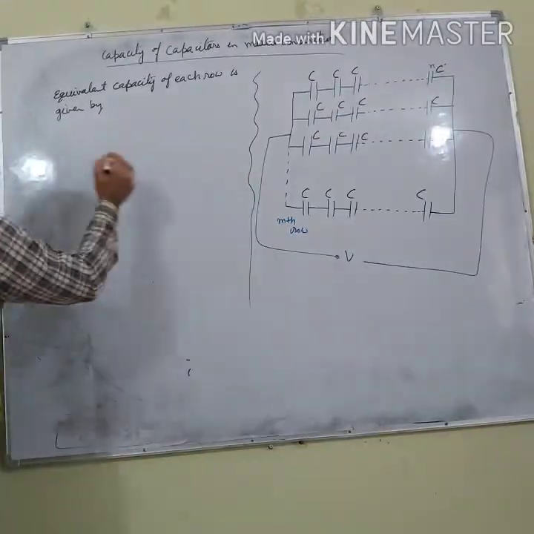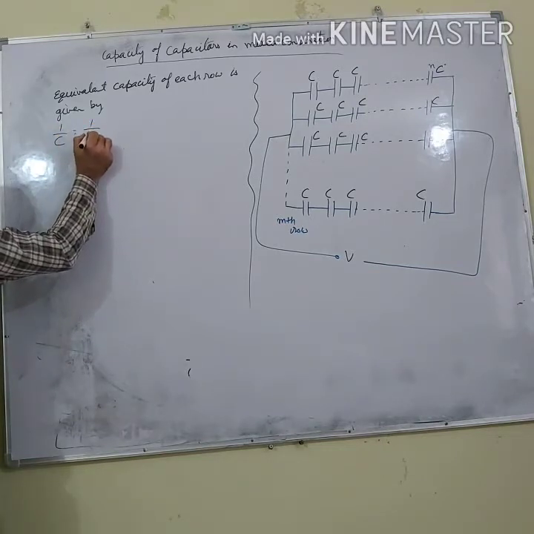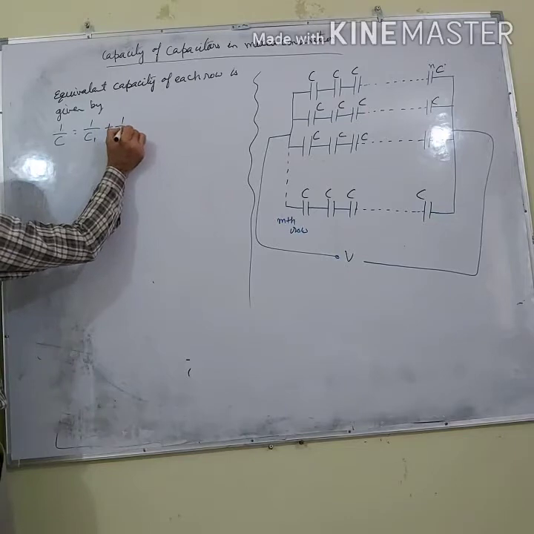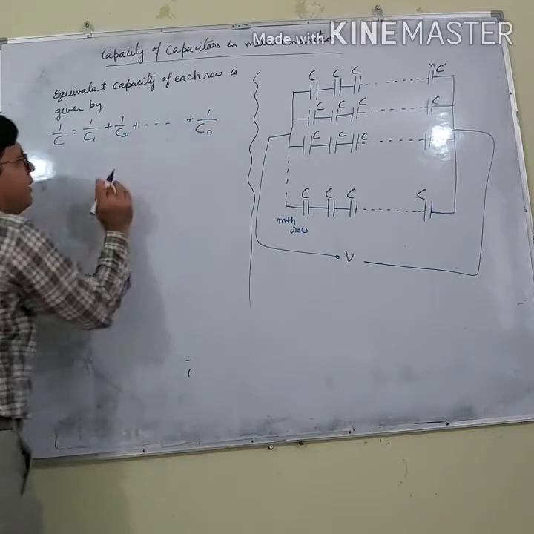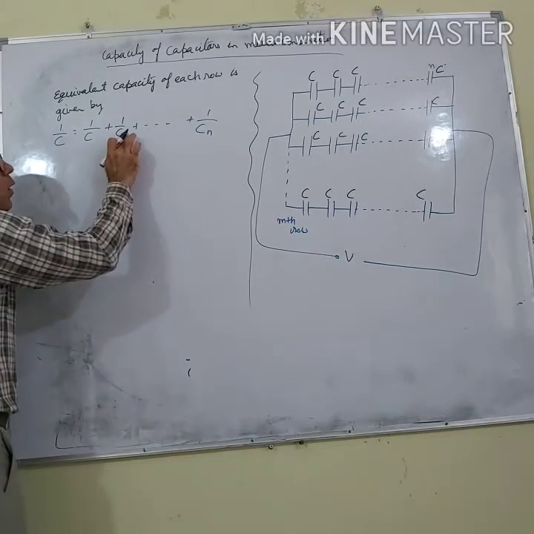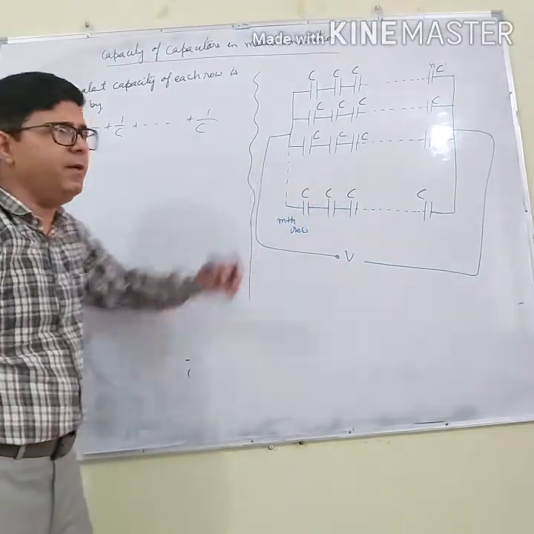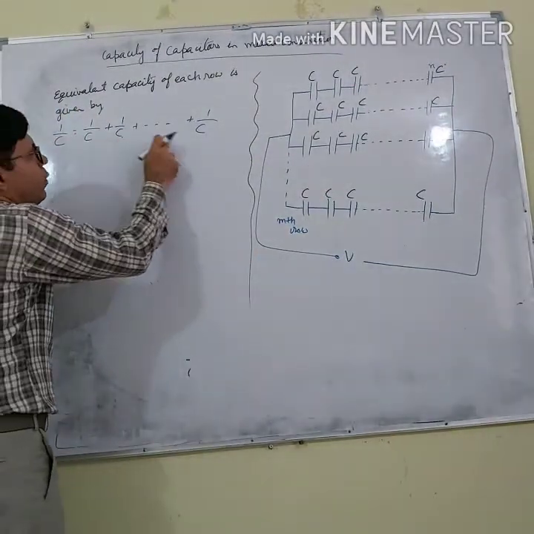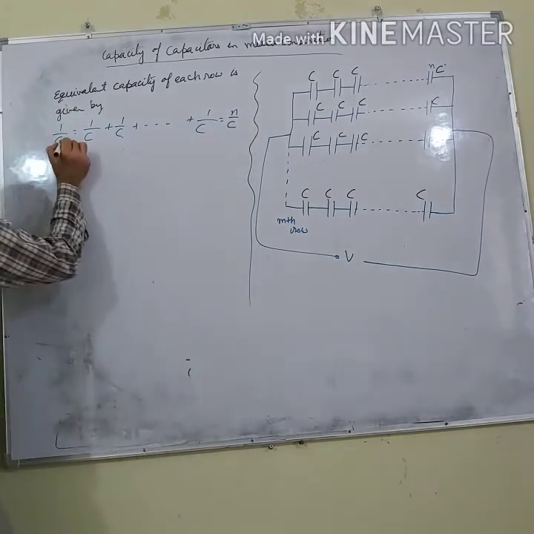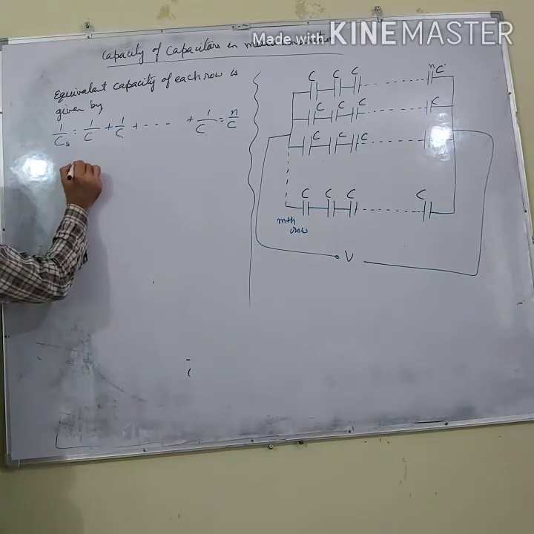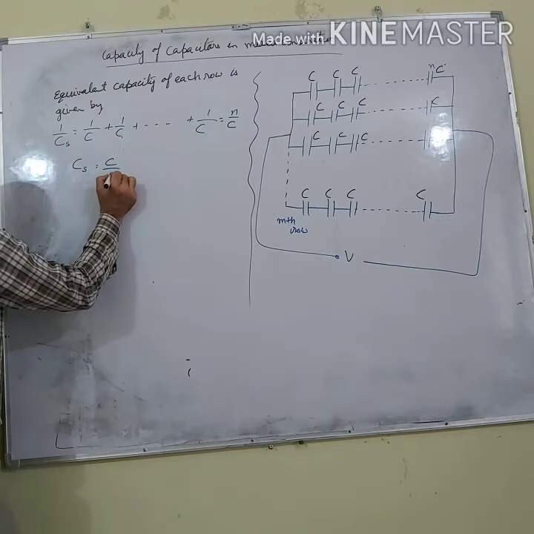There are n. So I can say 1 over C equals 1 by C1 plus 1 by C2, and if there are n, up to 1 by Cn. Now, since all capacitors have the same capacity C, as I assumed in the beginning, and there are 1, 2, 3 up to n of them, I can write n over C. So what is the capacity of each row? Cs will be equal to C over n.